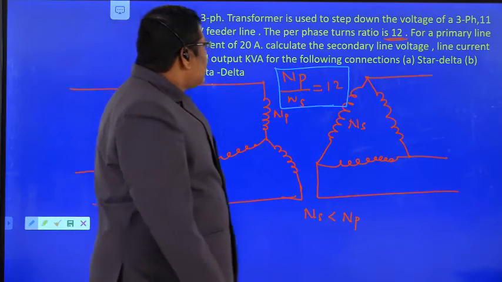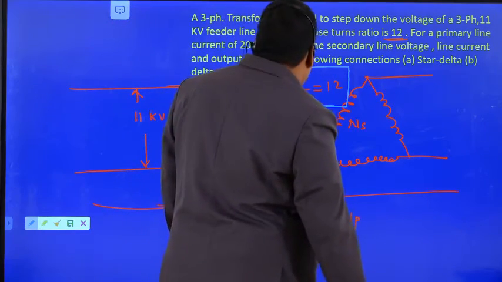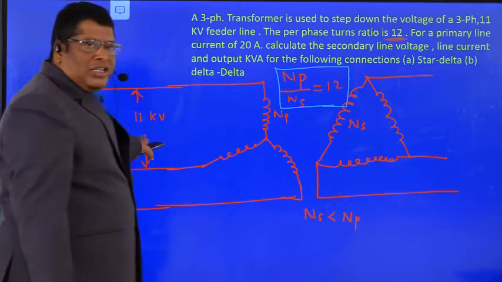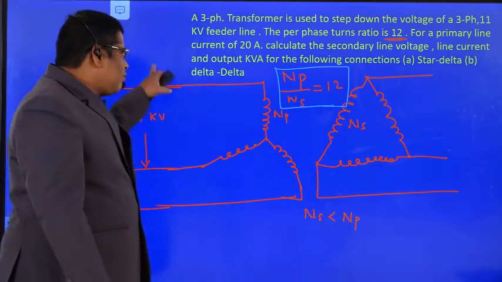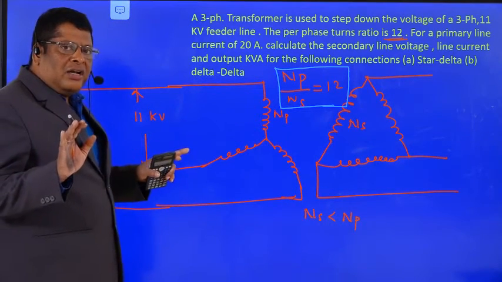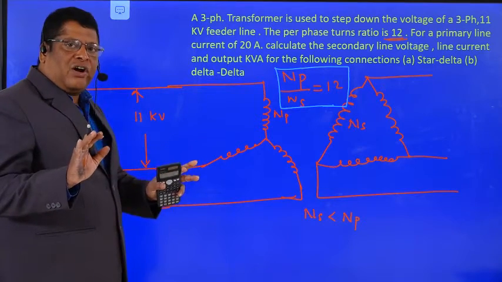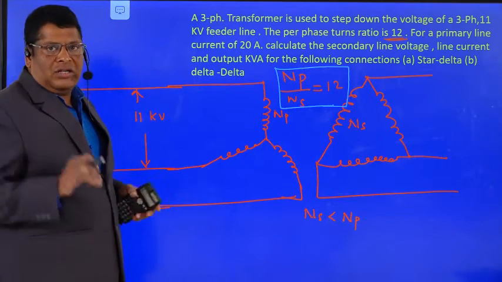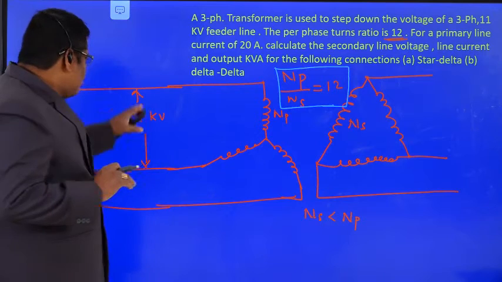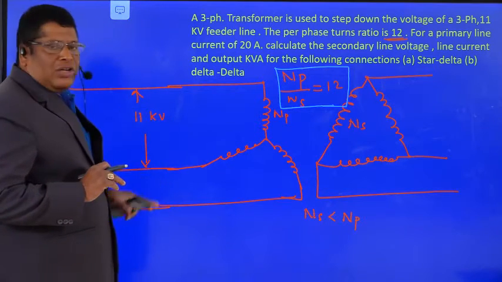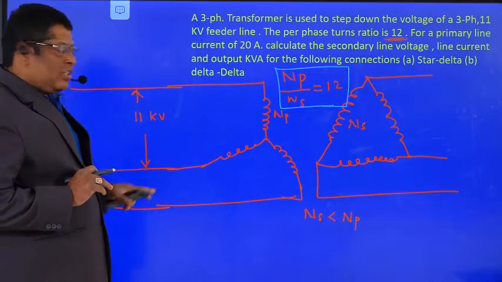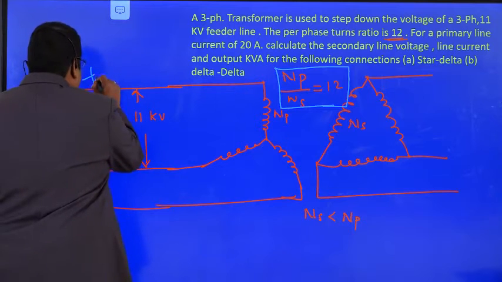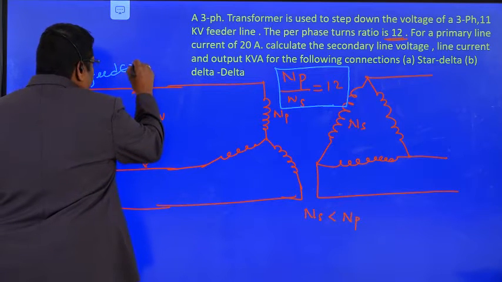Next, calculate the secondary line voltage. See here the primary voltage is given. This is a star connection. Unless mentioned otherwise, a given voltage is the line-to-line voltage, so the 11 kV is the line-to-line primary voltage of the feeder line.